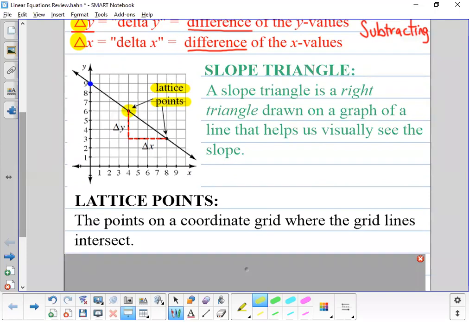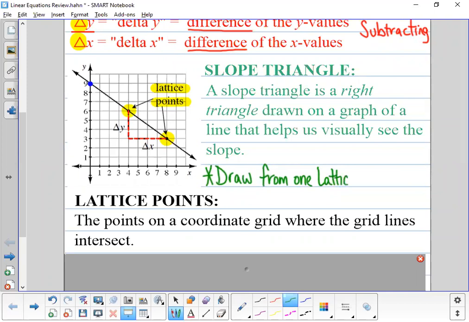And then I'm going to keep following my line down until I see it cross another lattice point, which would be down here. When you are drawing your slope triangles, you always want to make sure that you draw them from one lattice point to the next. And again, a lattice point is just where the grid lines intersect.